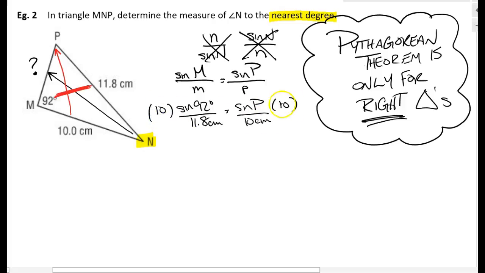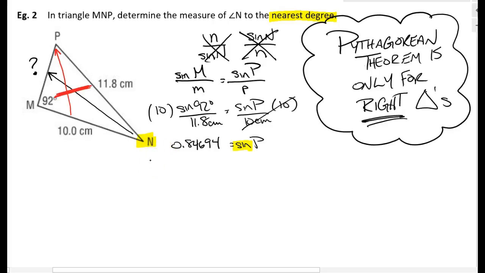Now at this point, it does become a little bit more complex than the previous question because we still have our function showing up over here. So what I'm going to do is punch all of this in my calculator, and then I will take the sine inverse of that. So this whole setup of 10 times sine of 92 degrees divided by 11.8 ends up giving me this decimal value.